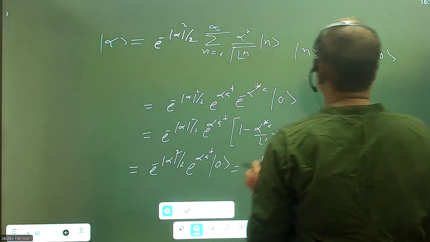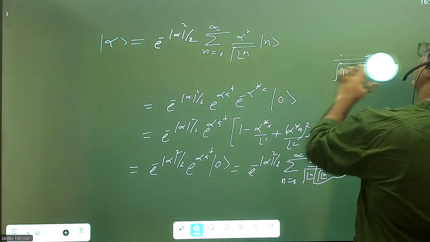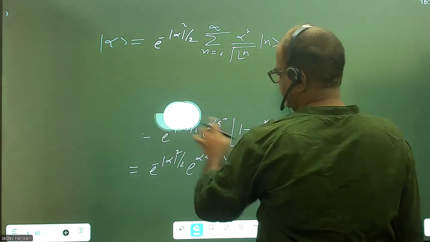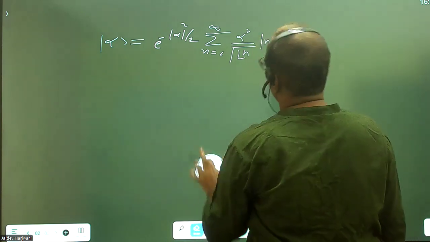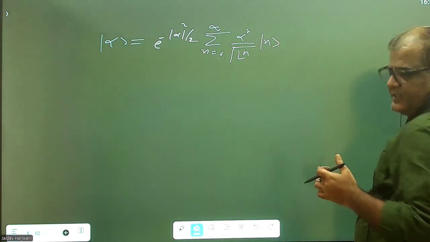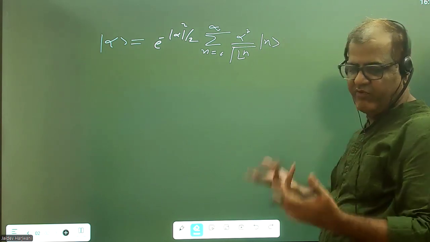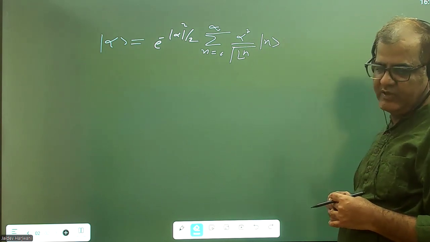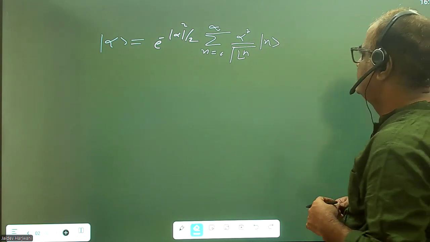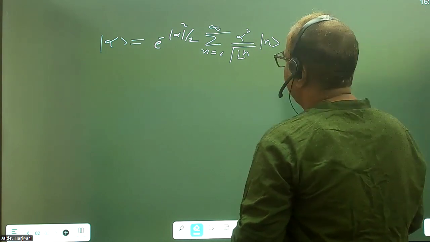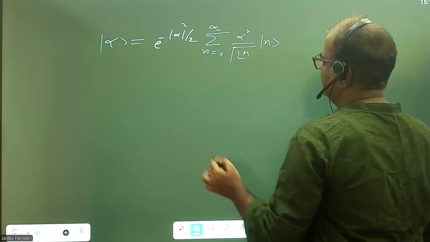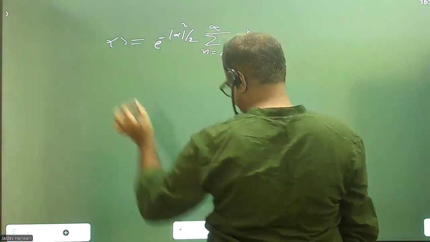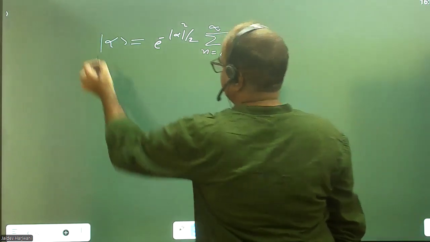Here n is not a quantum harmonic oscillator excited state. Here n means the number of photons in a state. So we have written the coherent state alpha as a superposition of number states.